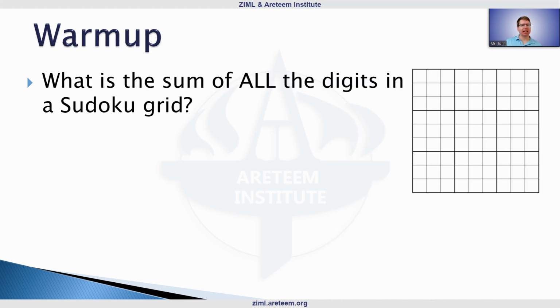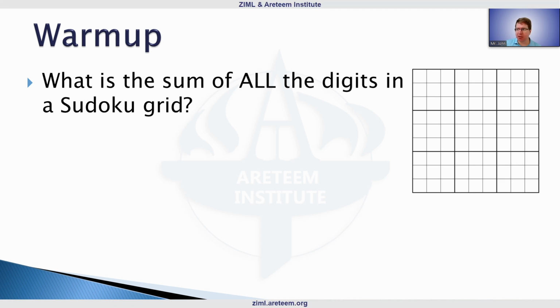So let's look here then and ask the question, well, what is the sum of all of the digits that appear in this Sudoku grid? There's a couple of different ways you could think about this. Remember that we have 81 numbers in total. They are all somewhere between 1 and 9. But we need to start using some of the properties from the previous page to think about stuff there.